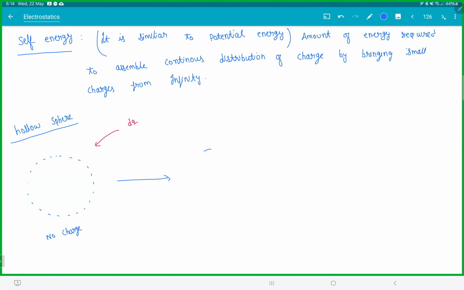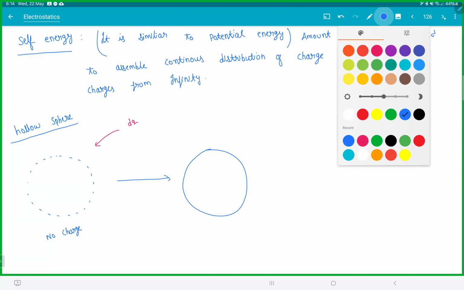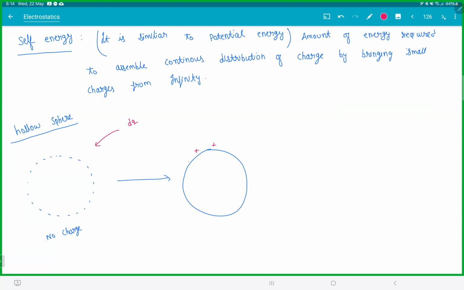So after some time, this whole shell will become positively charged. Means you're bringing dq charge, dq charge, dq charge, and you're distributing it over the surface. A small charge is brought from infinity and distributed uniformly on the surface.